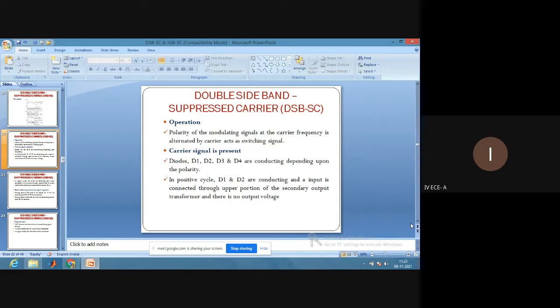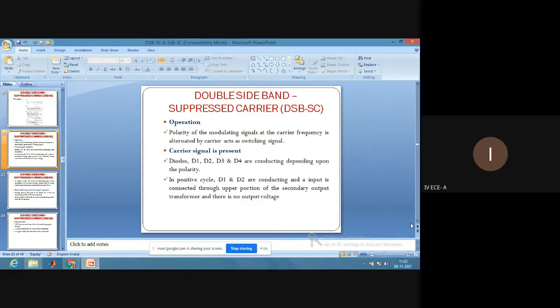In the first mode, we consider that no modulating signal is applied. So only the carrier signal is present. So during the positive half cycle of the carrier signal, the diodes D1 and D2 are forward biased and D3 and D4 are reverse biased. Here the current divides equally in the upper and lower portion of the primary winding of the output transformer.